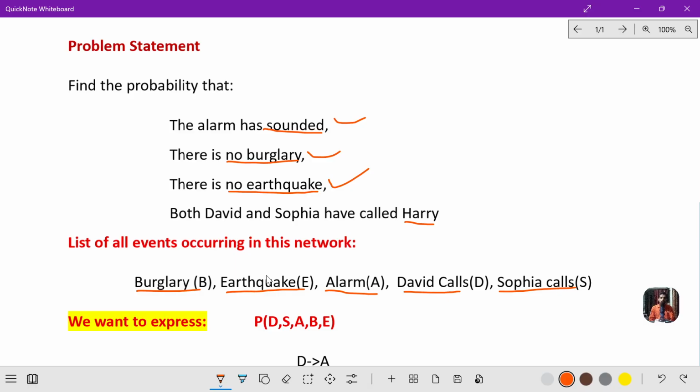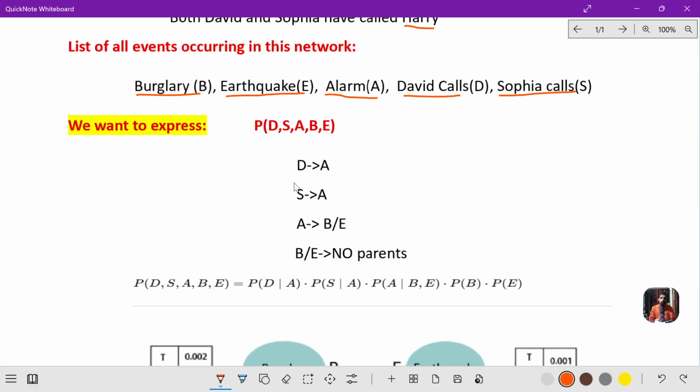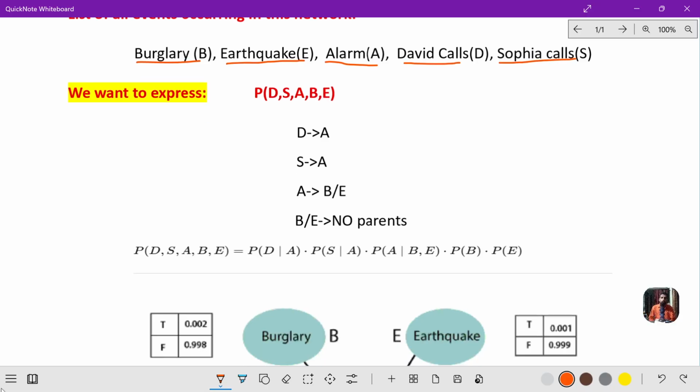So let us write in sequence. The first one is the probability of D, S, A, B, E, where D is David calls, S is Sophia calls, A is the alarm, B is burglary, and E is the earthquake. Remember, we write some conditions.